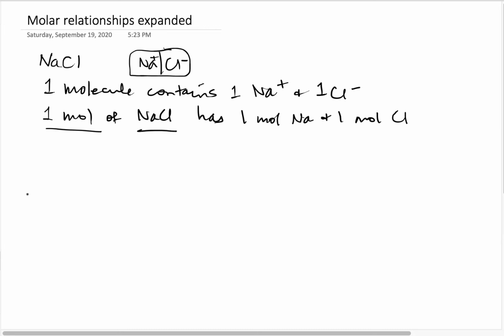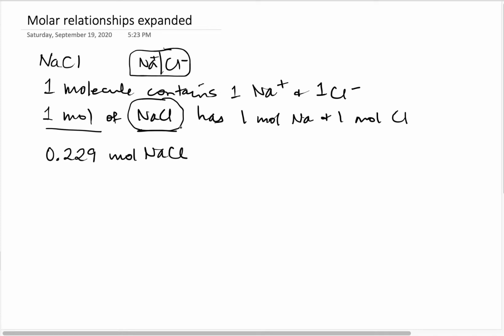But as soon as we start going to different numbers, it can seem really confusing. So let's stick with this nice simple sodium chloride, but go with some different numbers. Let's think about maybe 0.229 moles of sodium chloride.